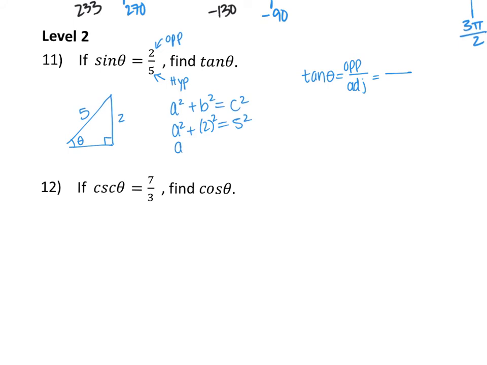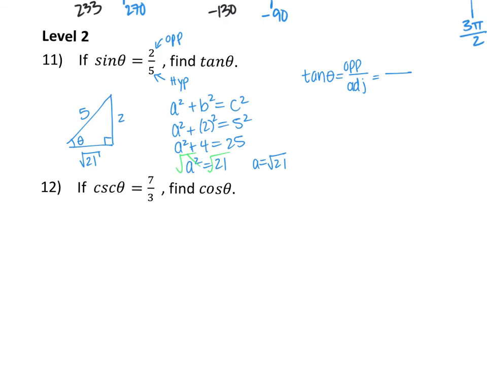So this would be a squared plus 4 equals 25. If I subtract this over, a squared equals 21. Take the square root of both sides. This would end up being the square root of 21. So this is the square root of 21 here.